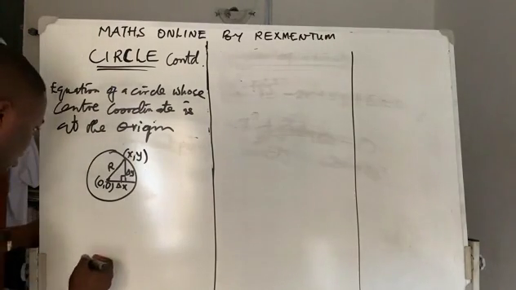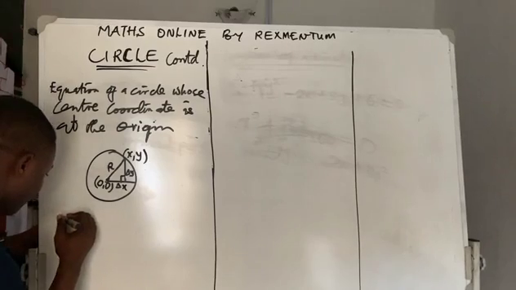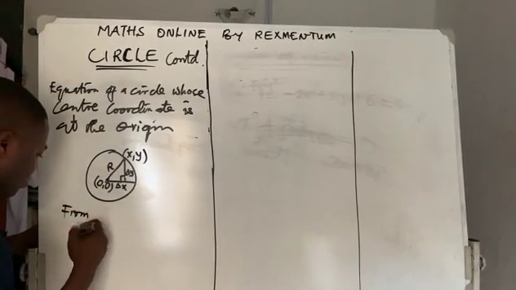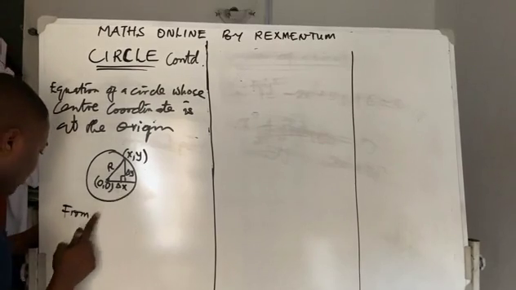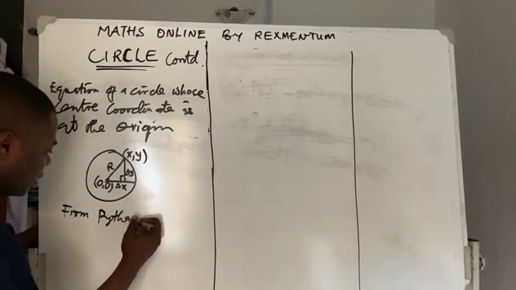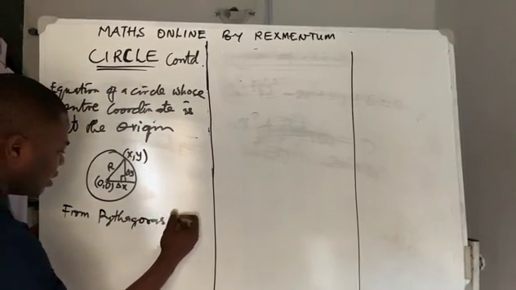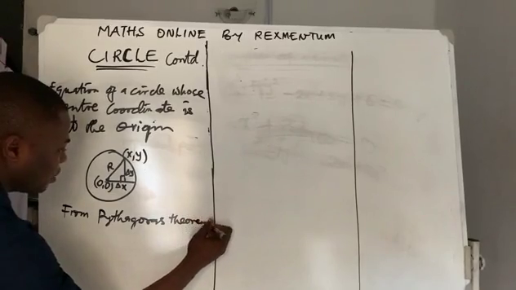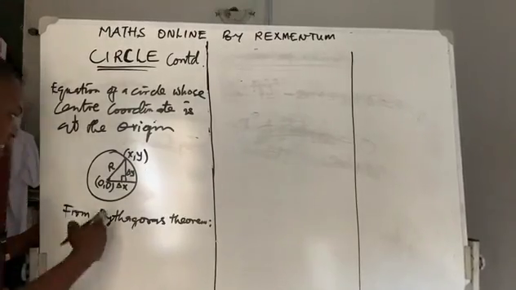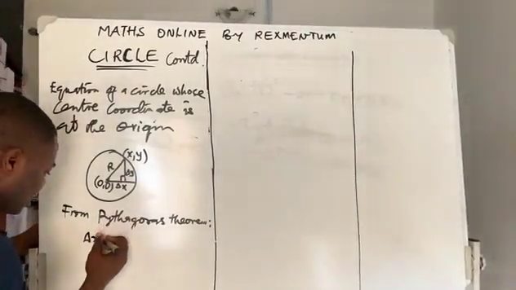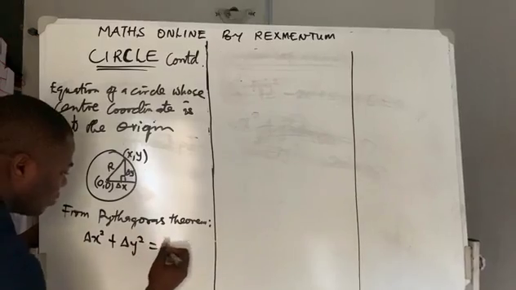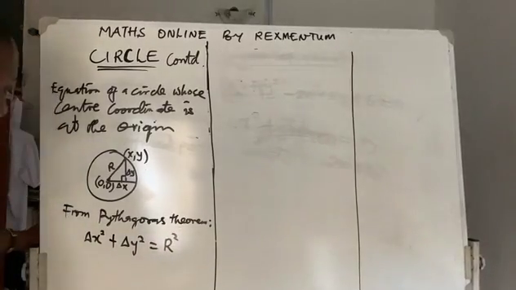Now from here, you are going to see that from our distance formula in coordinate geometry, or you can say from Pythagoras theory, we have that your change in x, that's increment in x squared, plus change in y squared is equal to our radius squared.